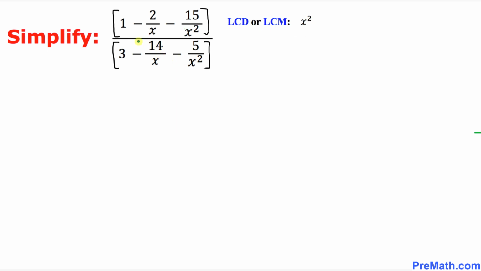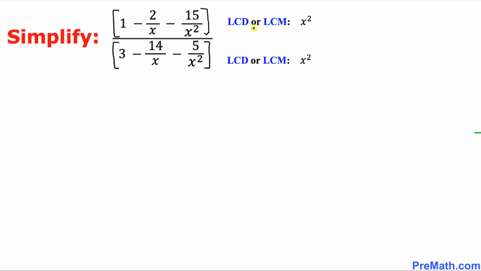Now let's focus on the bottom part. Our denominators are x squared and x, so the least common denominator turns out to be x squared for this bottom part.